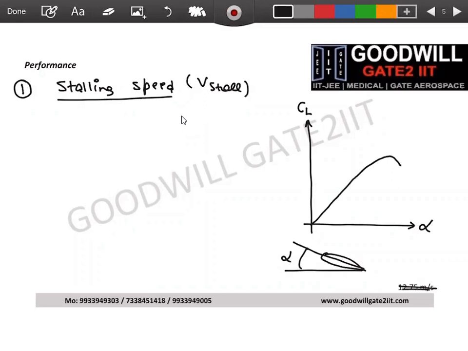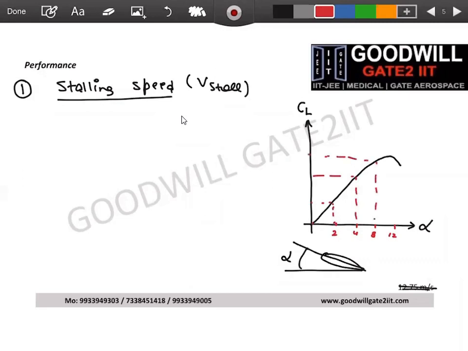For an unsymmetrical airfoil, the graph will be shifted towards the left-hand side. My intent is not aerodynamics, so I'm not going into that part. But if you have zero angle of attack, zero CL, and you increase your angle of attack to 2, 4, 8, maybe 12, and so on, your corresponding CL value increases. That's what lift curve slope means.